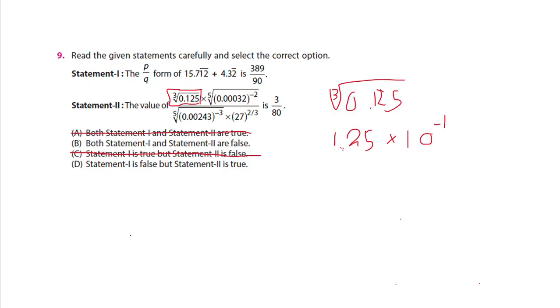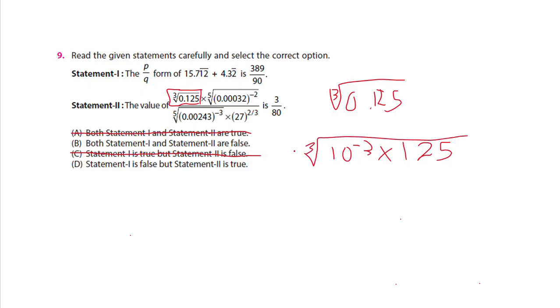But for simplicity, I'm going to simplify this a little more and turn this into 125 times 10 to the power negative 3, which looks like this. You can multiply that out and you'll realize it's still the same.